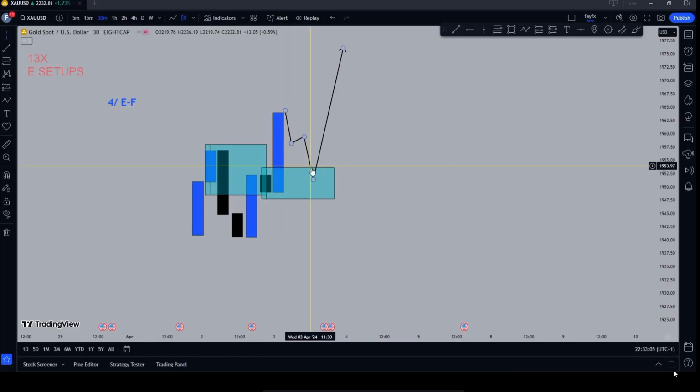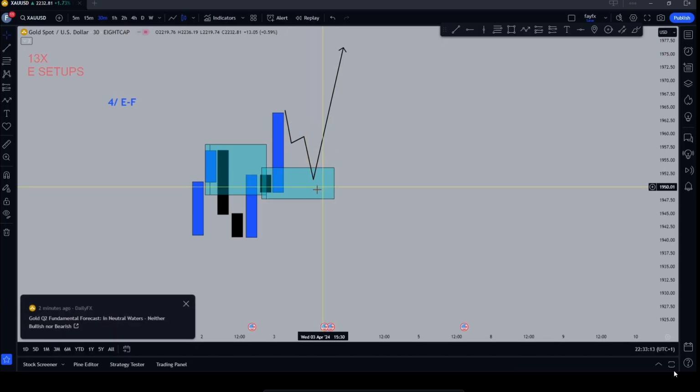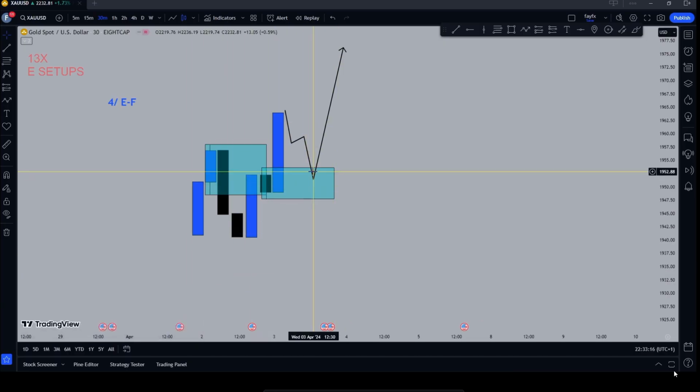Price will come down to visit this new engulfing candle before it flies up. This is our entry. This is our entry with confirmation.